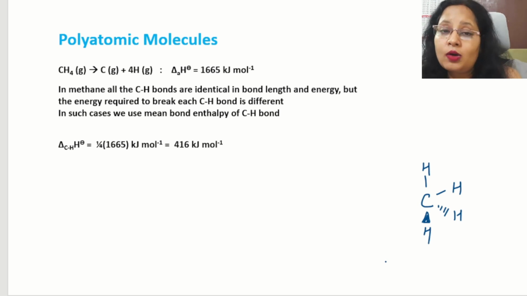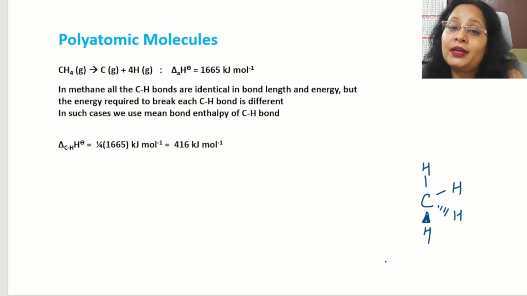So taking out the second hydrogen is even tougher, and we need to give more energy compared to the first hydrogen. In the same way, the third and fourth. So all the 4 carbon hydrogen bonds that are broken have different enthalpies.